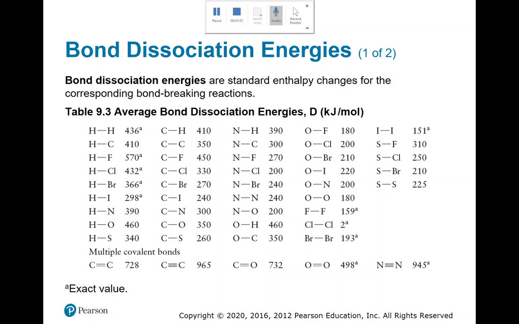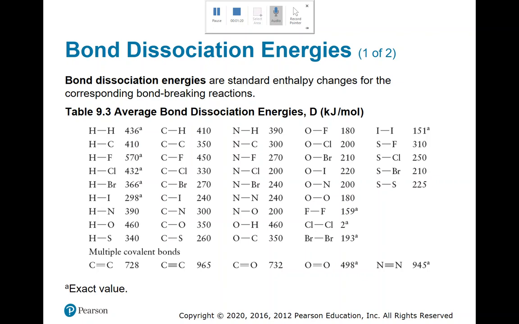Now, we have tabulated values, some of them exact, some of them averages of many different compounds, for bond dissociation energies for covalent bonds between many different elements. Now, this depends both on what the two atoms in question are, as well as the type of bond.